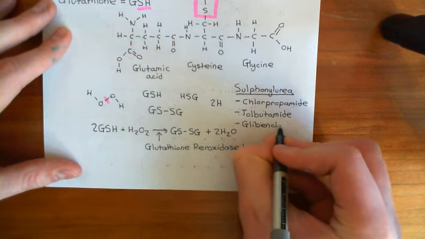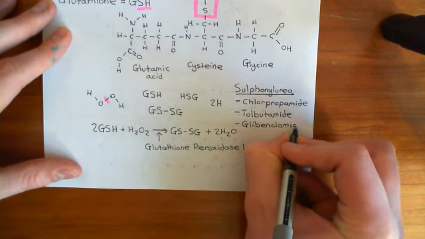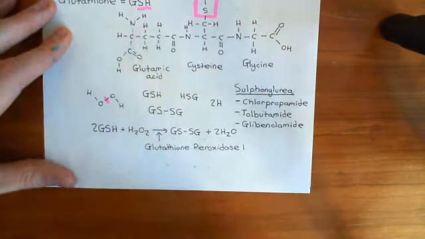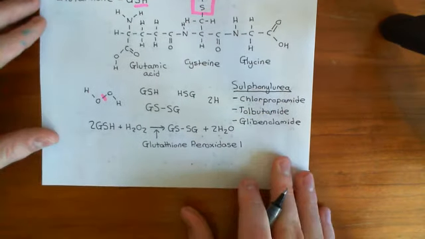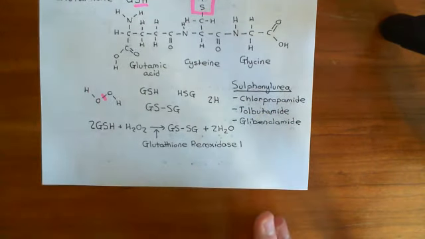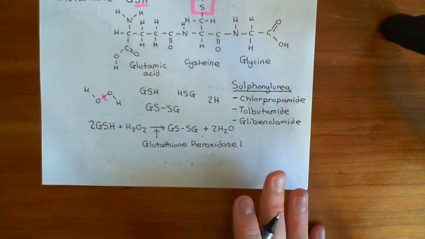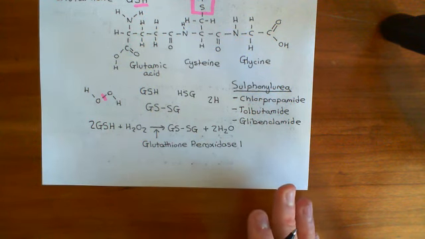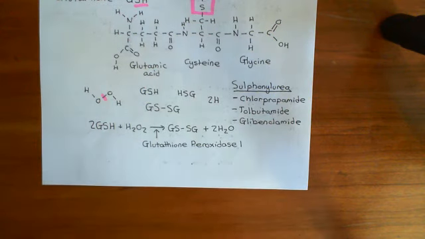These are very important drugs in the treatment of type 2 diabetes mellitus. They're useless in treating type 1 diabetes because in type 1 diabetes, the beta cells of the islets of Langerhans have been destroyed. So there's no point in giving a drug that causes the beta cells to release insulin. But in type 2 diabetes, they are useful.